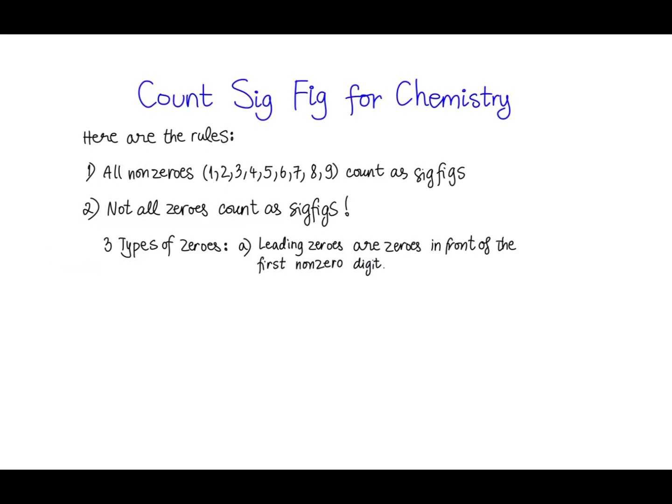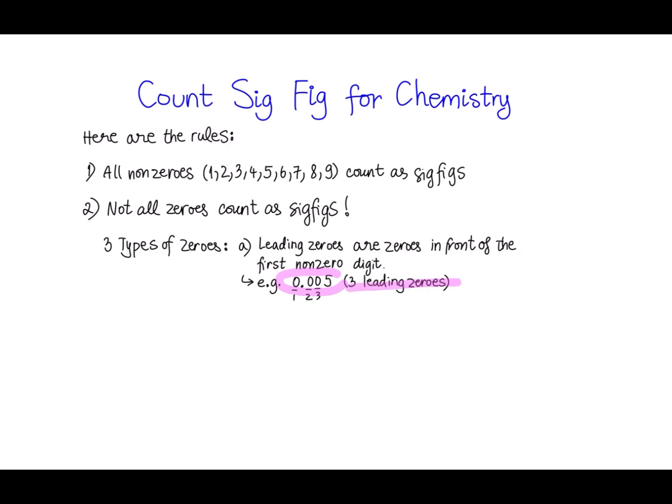So the first type of zeros are called leading zeros. Leading zeros are zeros found in front of the first non-zero digit in a number. For example, if you have the number 0.005, then there are 3 zeros in front of the number 5. So those 3 zeros are considered leading zeros.